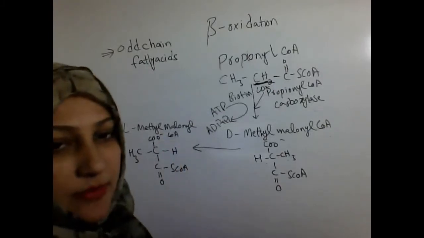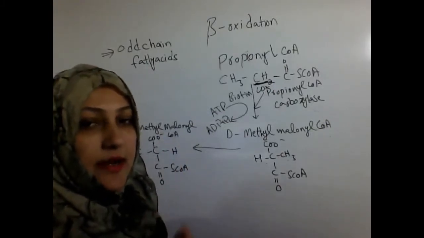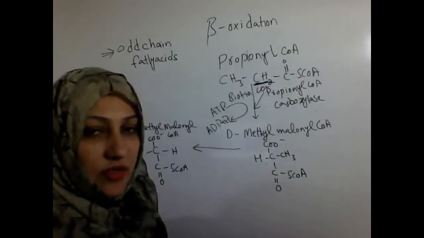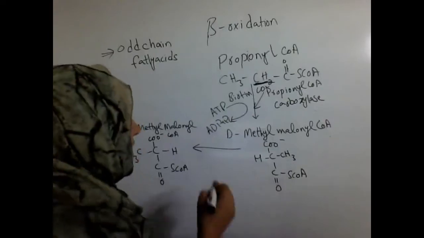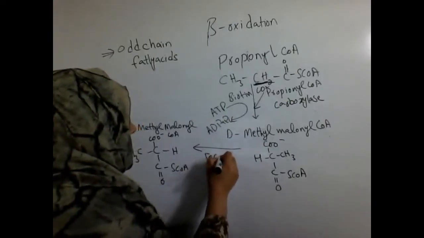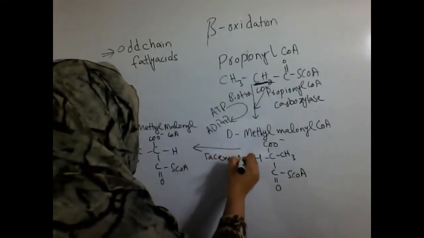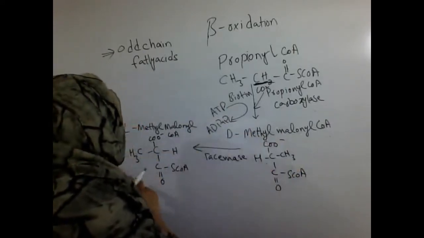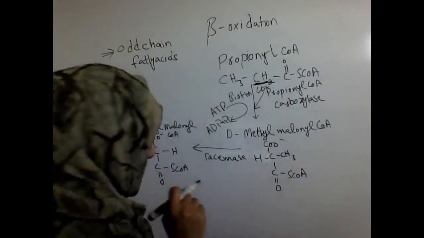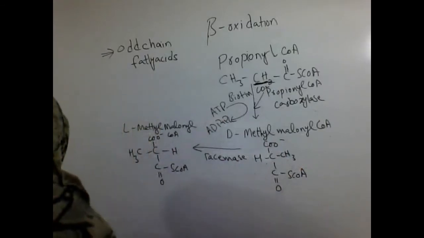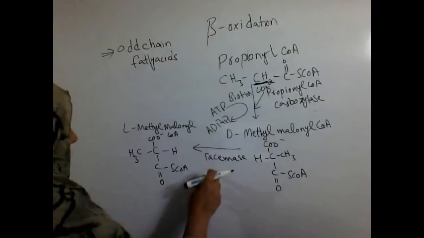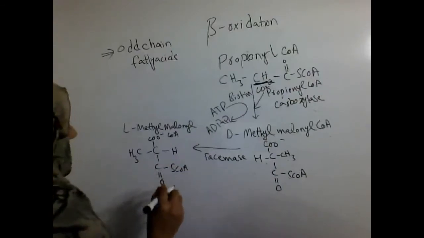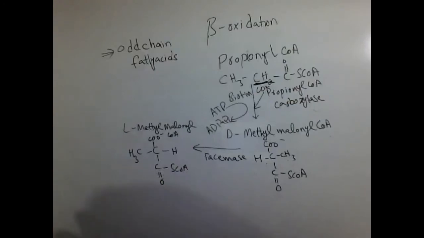The difference is the position of the D and L, a racemic mixture of the methylmalonyl CoA. The racemase enzyme converts the D-methylmalonyl CoA into L-methylmalonyl CoA. And then this L-methylmalonyl CoA, by the enzyme mutase.